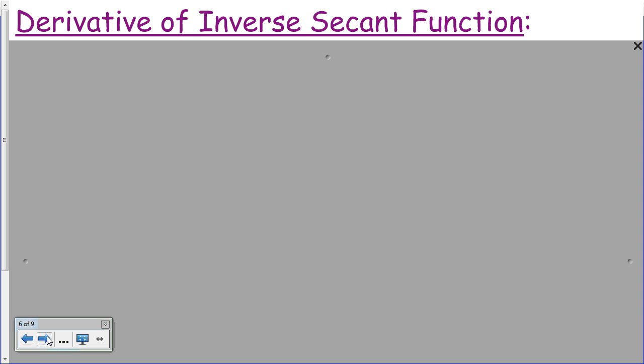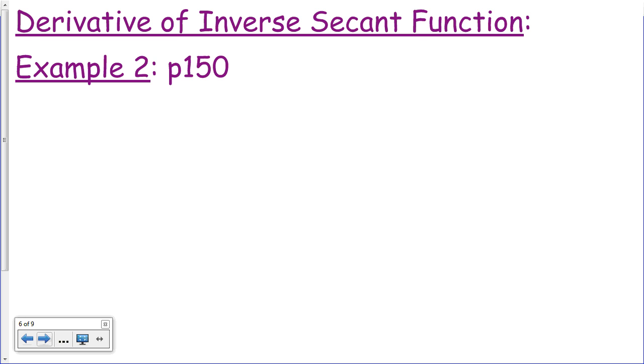All right. Let's take a look at example 2, which is actually going to take a look at the derivative of the inverse secant function. This is example 2 on page 150. All right, and the process is going to look very similar to what we just went through for inverse tangent.